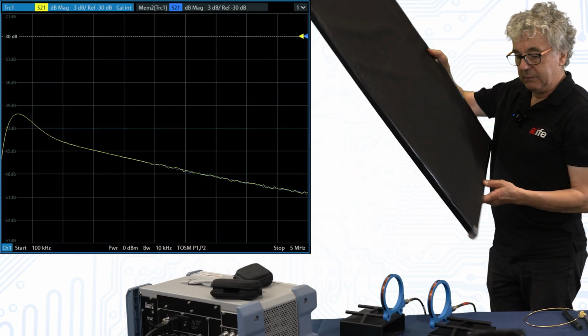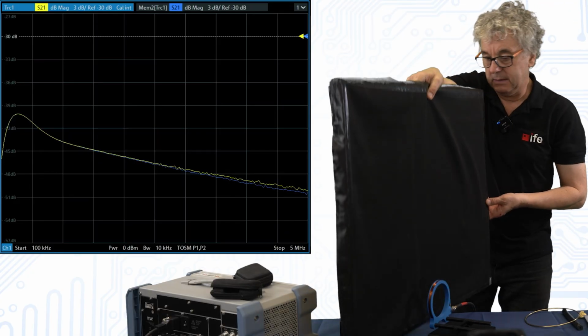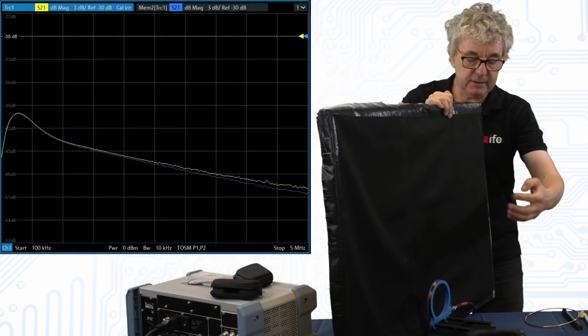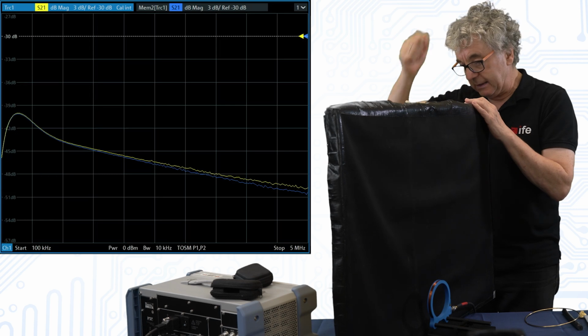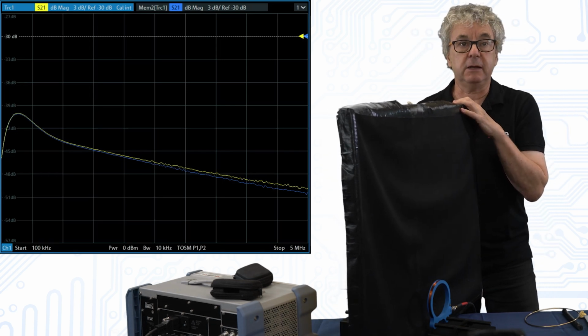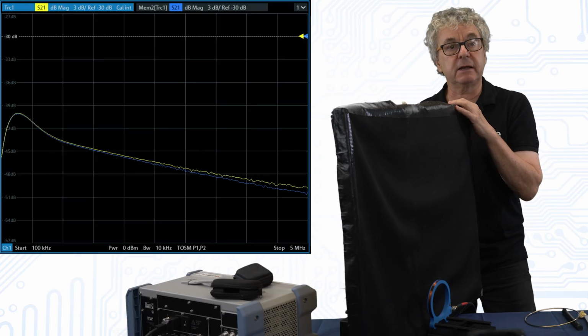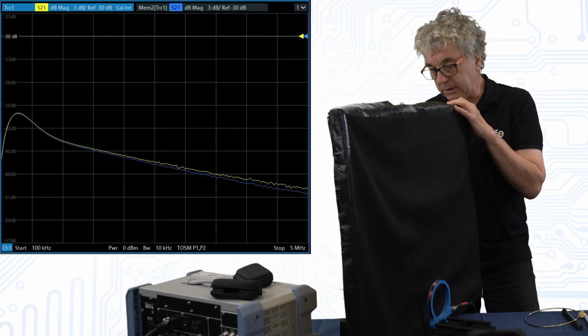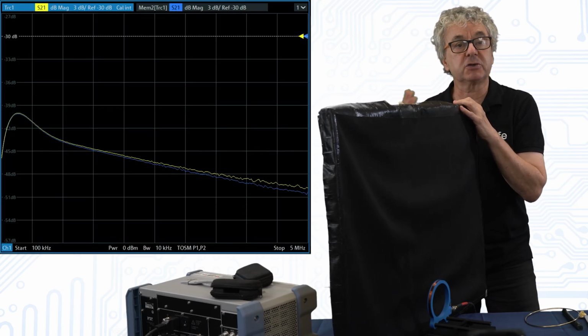Now if we put this in between, the magnetic field penetrates it and causes an eddy current. But we see absolutely no effect because the reaction field is too weak. 377 ohm square material inside the magnetic path has pretty much no effect.